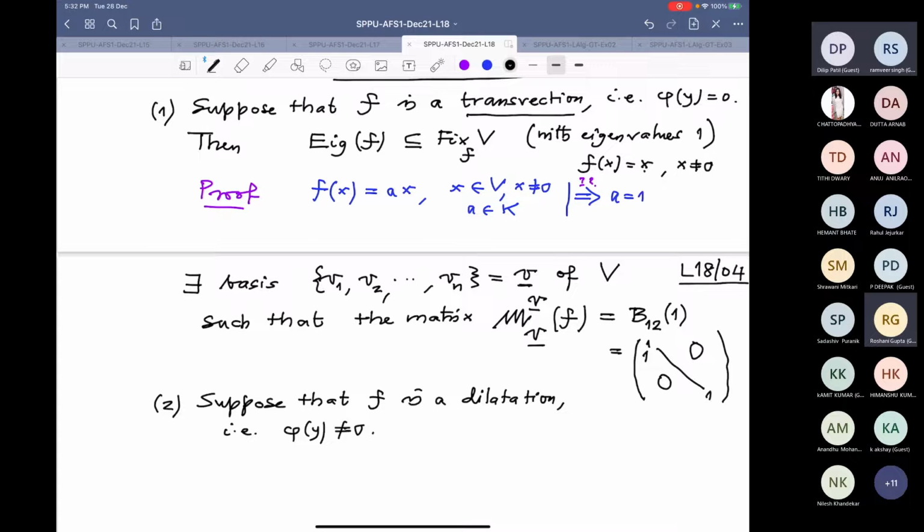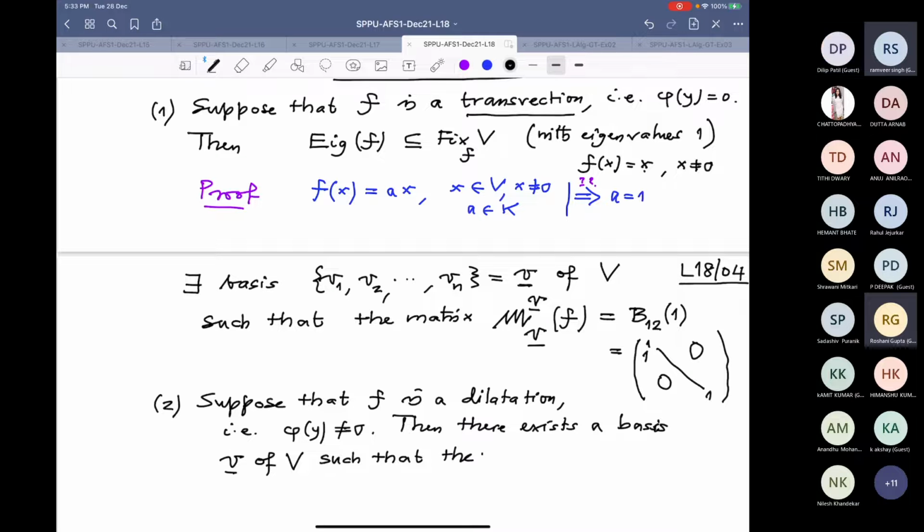Then there exists a basis, let me write the short V of V, such that the matrix MV is, which is the matrix, I will write down the matrix.